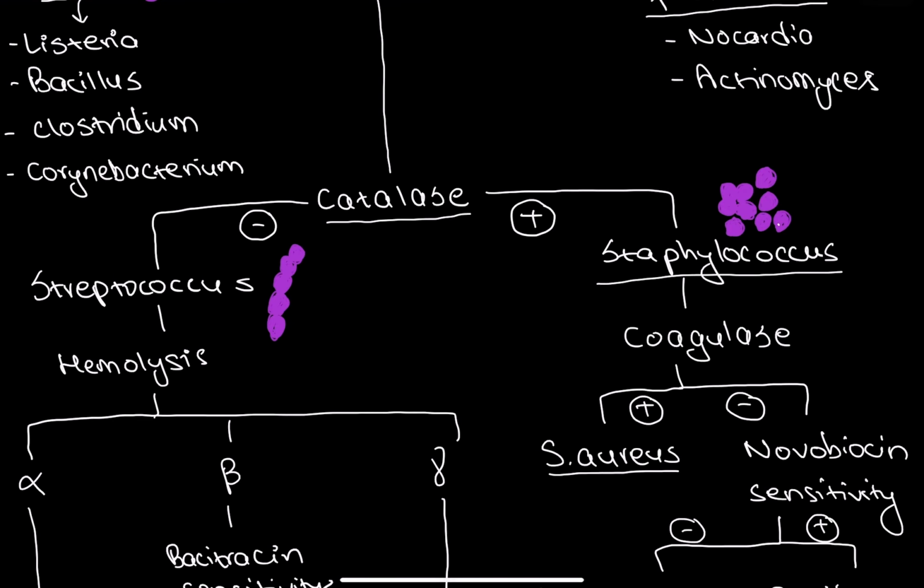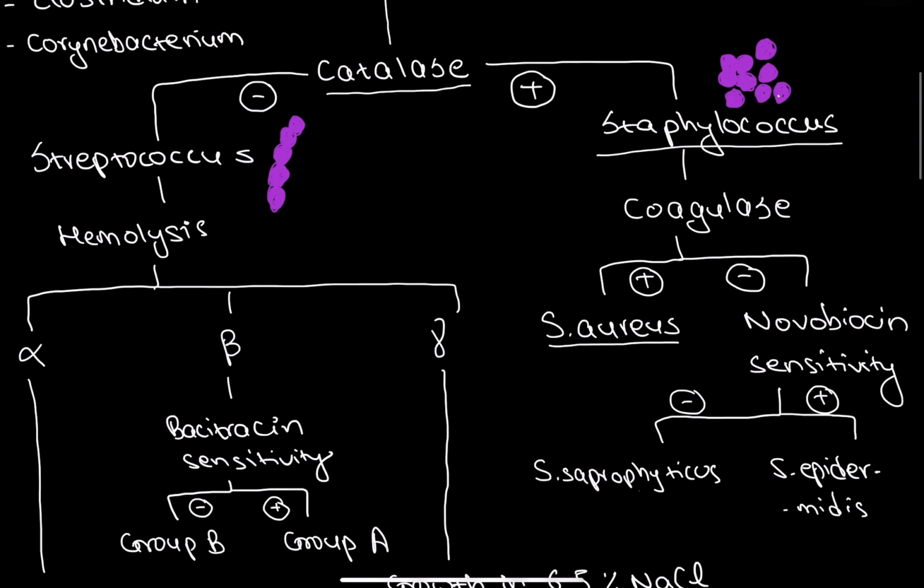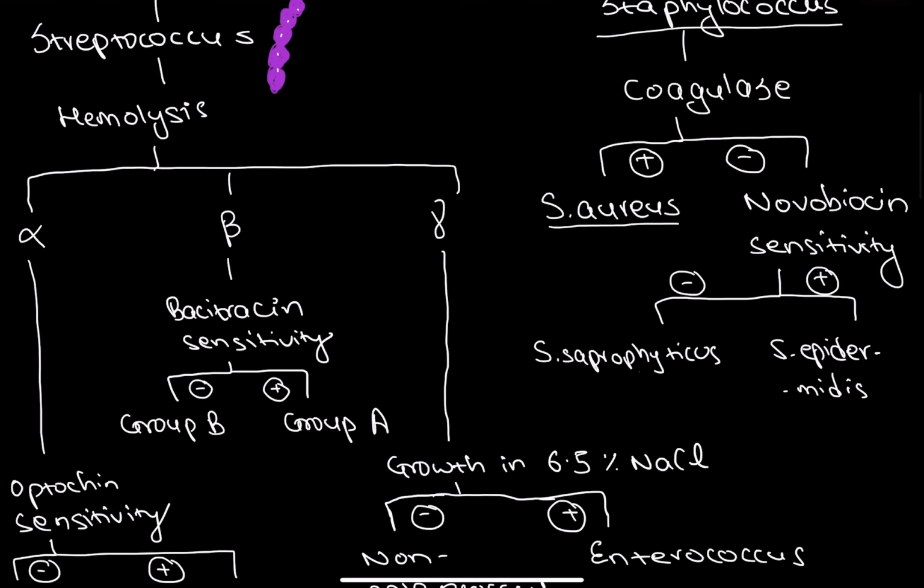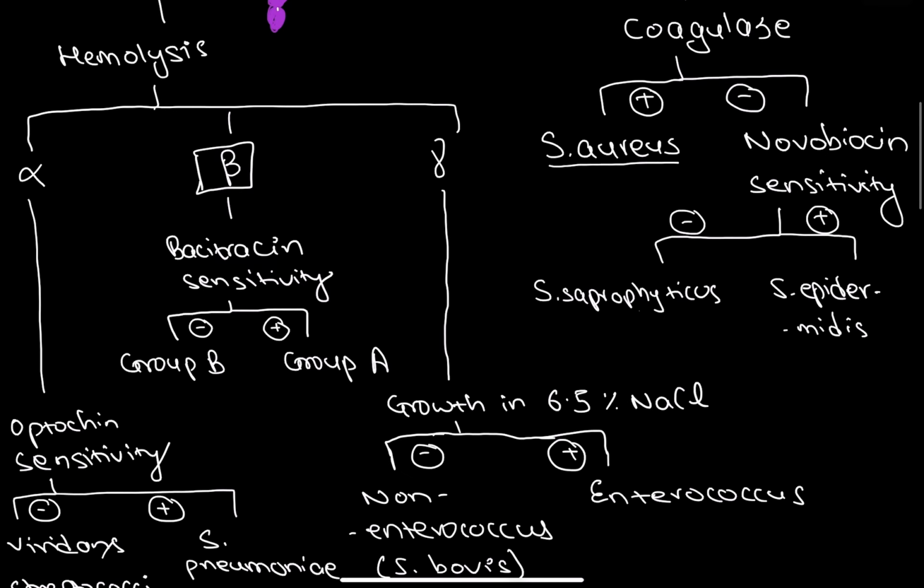Now let's go and learn about Streptococcus. Streptococci are catalase negative, they are present in chain-like structures, and we will look at hemolysis. So they can be further divided into alpha, gamma, and beta. If there is complete hemolysis, then that is beta hemolysis, and we will do another test, the bacitracin sensitivity test.